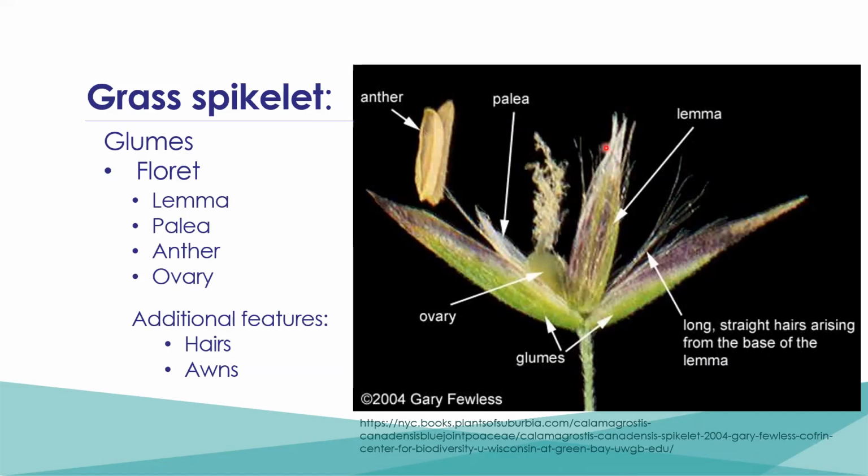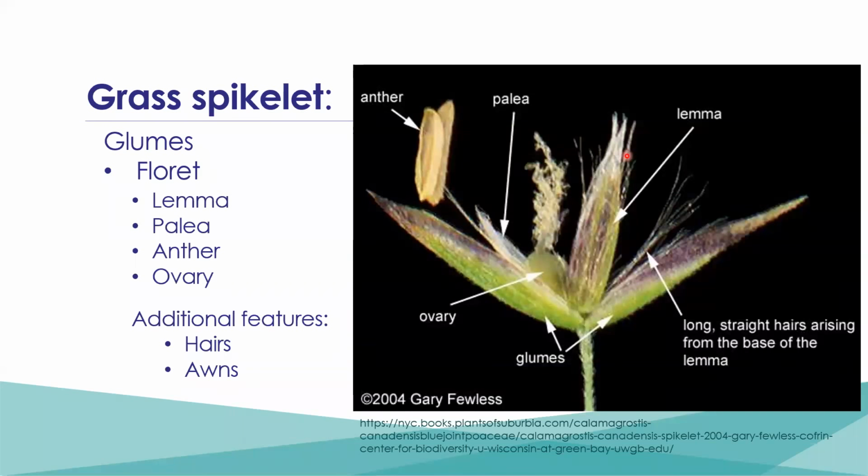That's made of a lemma and a palea. Think of these as like the petals of the grass flower, and they cover the reproductive structures, the ovaries and the anthers. You might also see some additional features such as hairs, you can see over here, and awns.